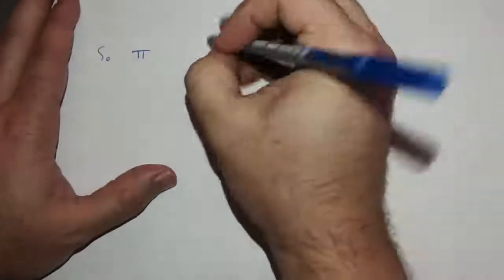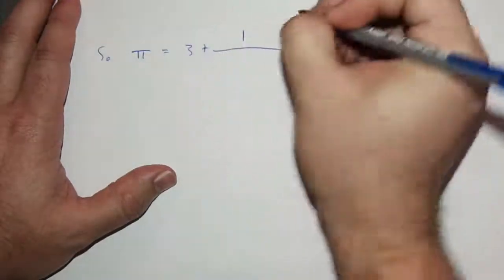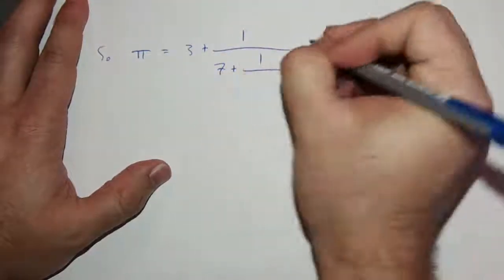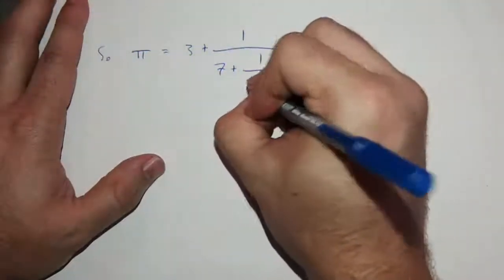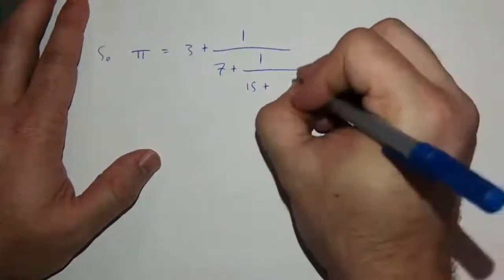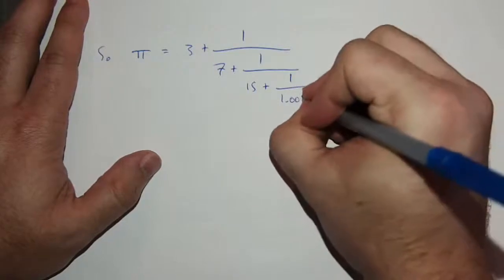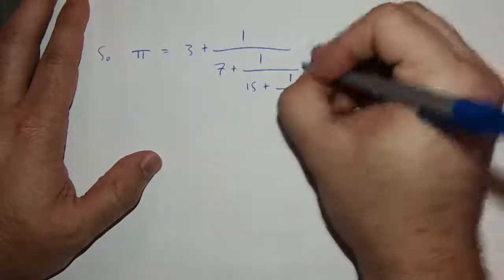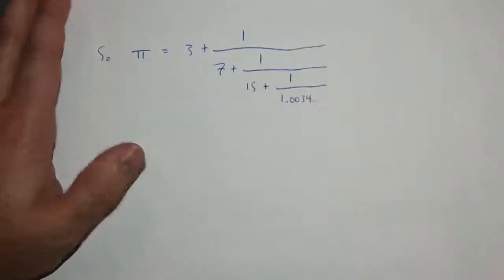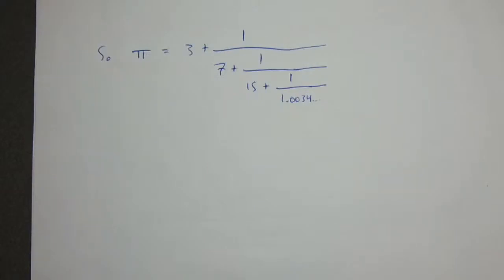So pi is 3 plus 1 over 7 plus 1 over 15 plus 1 over 1.0034 and so on.